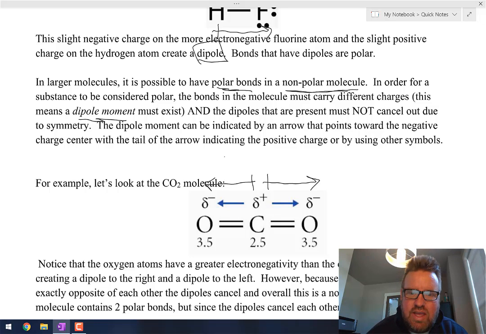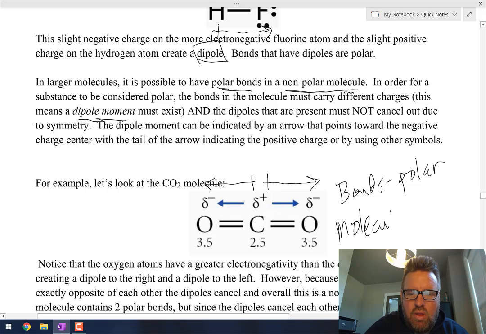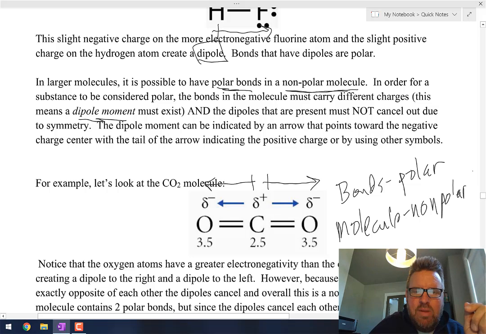And because they cancel each other out, even though the bonds absolutely are polar, overall the molecule is non-polar. So for a molecule to be polar, it has to have polar bonds and the dipoles must not cancel out.